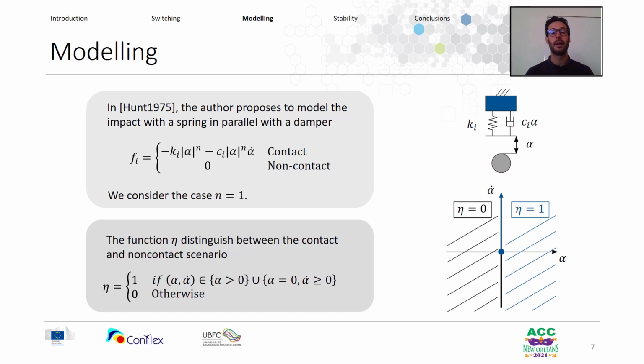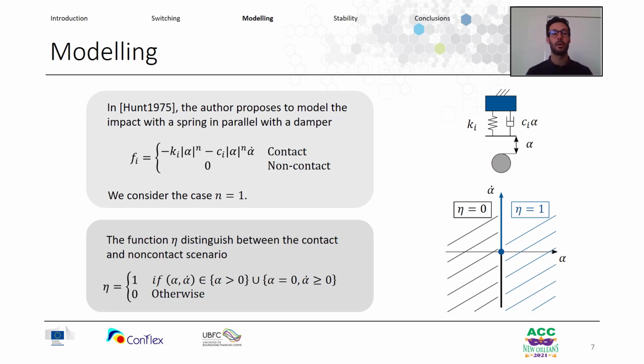Then we define the function eta that distinguishes between the contact and non-contact scenario. In particular, eta is equal to 1 in contact, meaning that the distance between the object and environment is positive, and it is equal to 0 when the distance is negative.